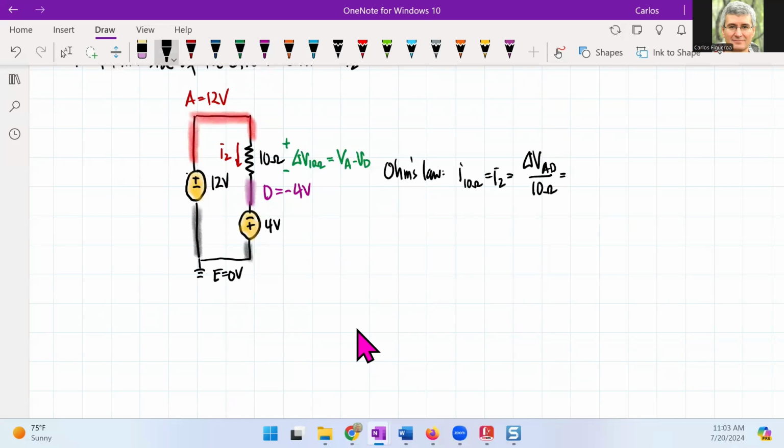AD says that has to be 12 volts minus 4 volts, divided by 10 ohms. That's going to give me 16 divided by 10, which gives me a current of 1.6 amps. Now we got to be a little bit more careful. This is a positive number, so I get a positive sign, and this now becomes 1.6 amps, and we're calling this I2.